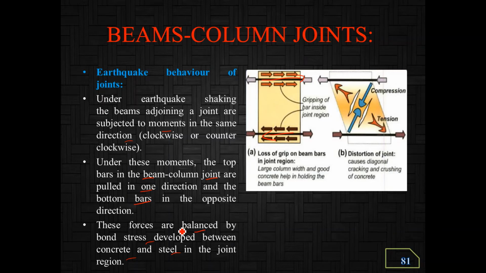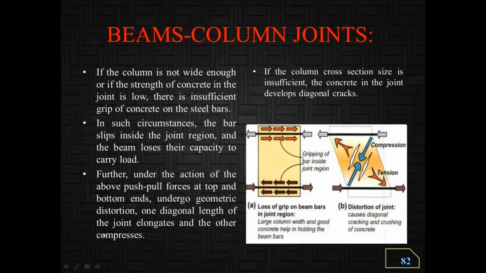So if the column is not wide enough or if the strength of concrete in the joint is low, there is insufficient grip of concrete on the steel bar. In such circumstances, the bar slips inside the joint region, and the beam loses its capacity to carry load.